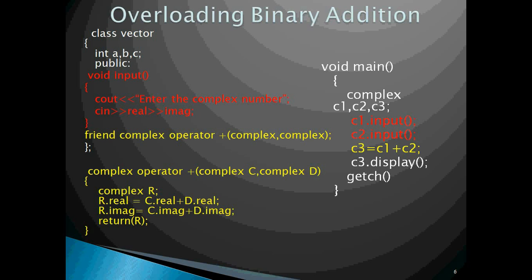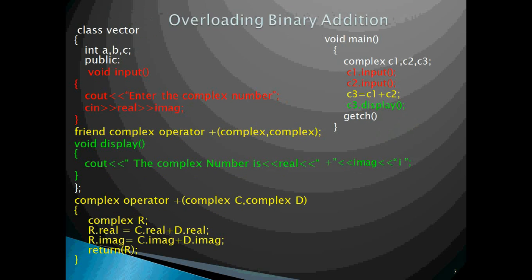Here the value of C1 would be transferred to object C and the value of object C2 would be transferred to object D. So we would be having the statement R.real = C.real + D.real, and R.imaginary = C.imaginary + D.imaginary, and return R. That means when these two objects are added, the result would be stored in the object R, that is returned and would be assigned to C3.